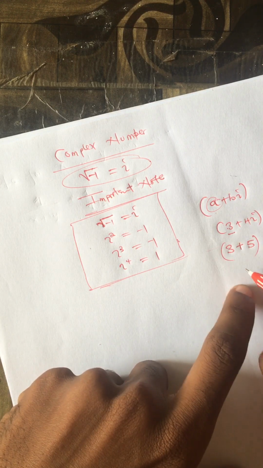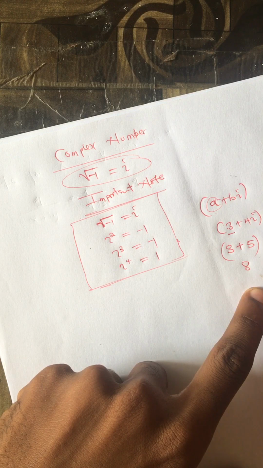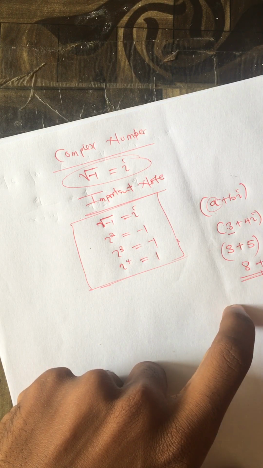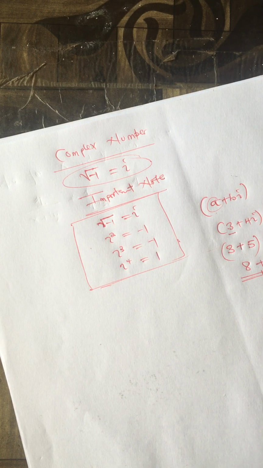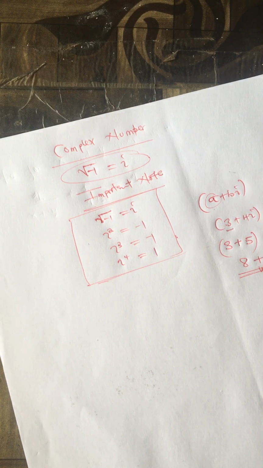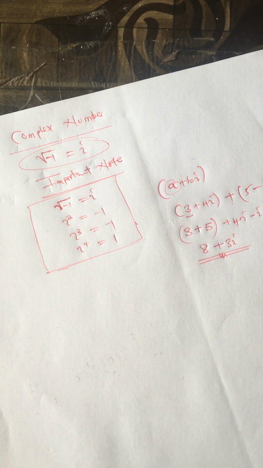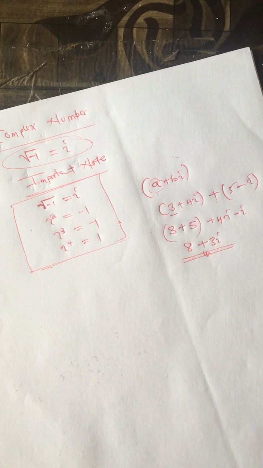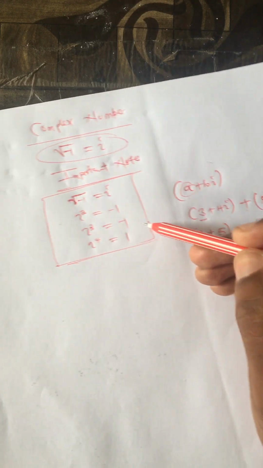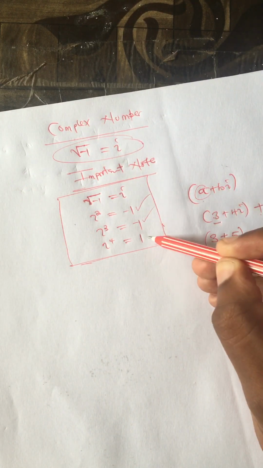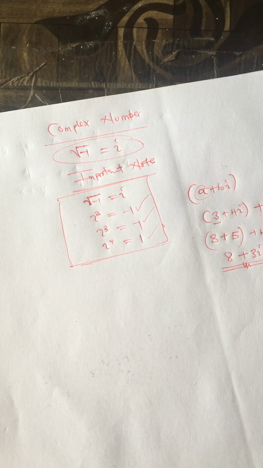This one will give you an 8, then this side you'll get a positive 3i, which means you have added. The same applies to subtraction.